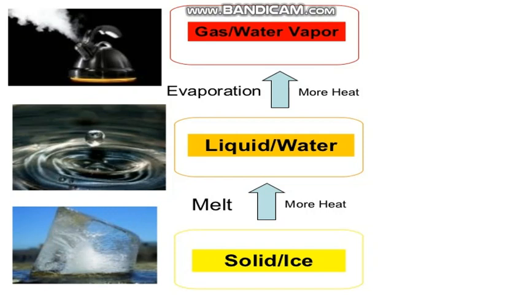It means by gaining energy, the liquid particles move very fast and now they change into bubbles and they change into gas, water vapors. Now their state has changed. They are no more liquid, they are now gas.